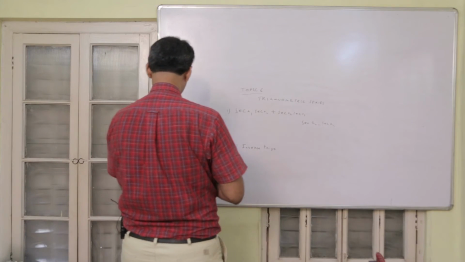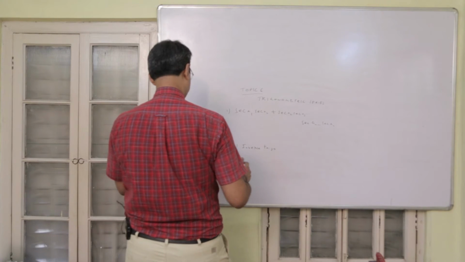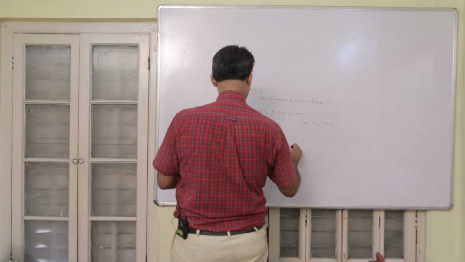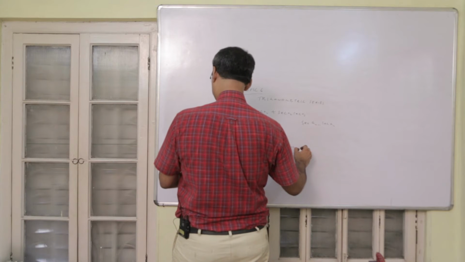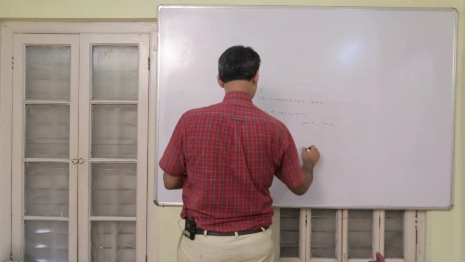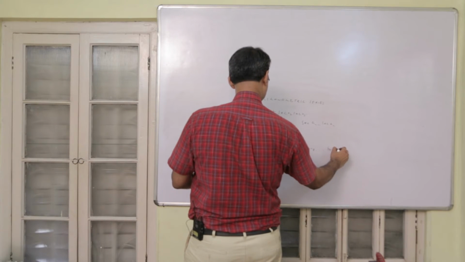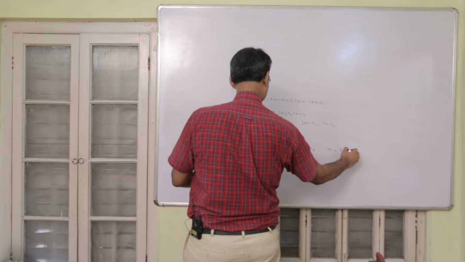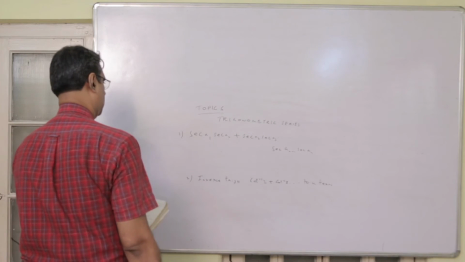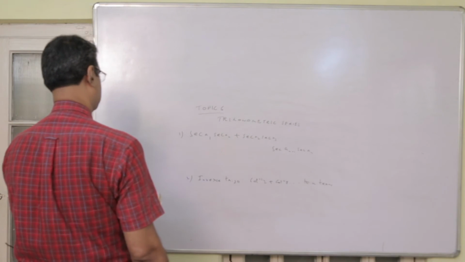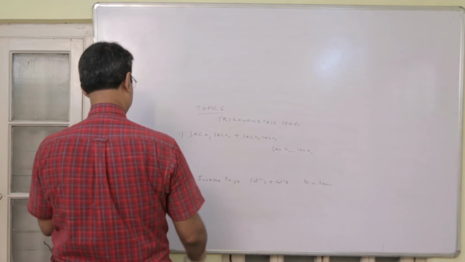or it can be an inverse trigonometric series like this. So how do we find the sum of this type of series or this type of series?